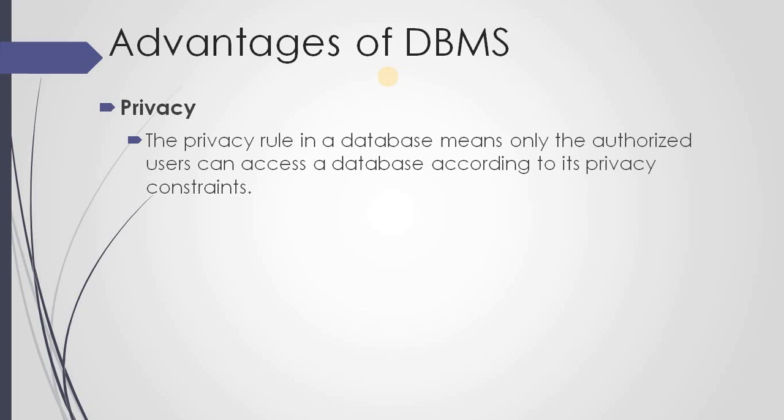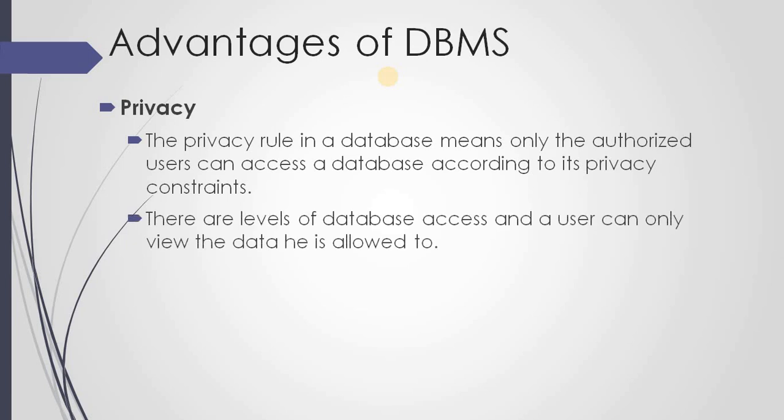So here the access right is given according to the privacy constraint. There are levels of database access and the user can only view the data he is allowed. So if a person is not a friend, then that person cannot view the profile picture of another person.